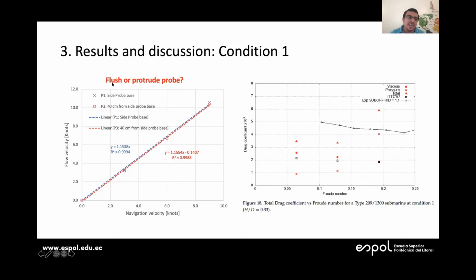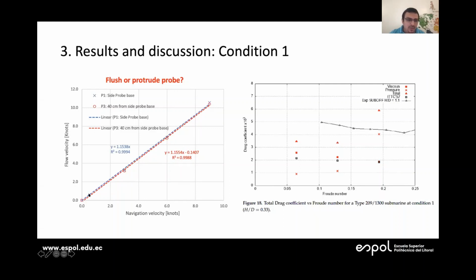That is basically a dish that you place on the hull, and it measures the velocity almost at the same level as the hull. We found that it shouldn't make a big difference if we use either probe. The velocity is almost the same, with a slight variation for the protruding one.